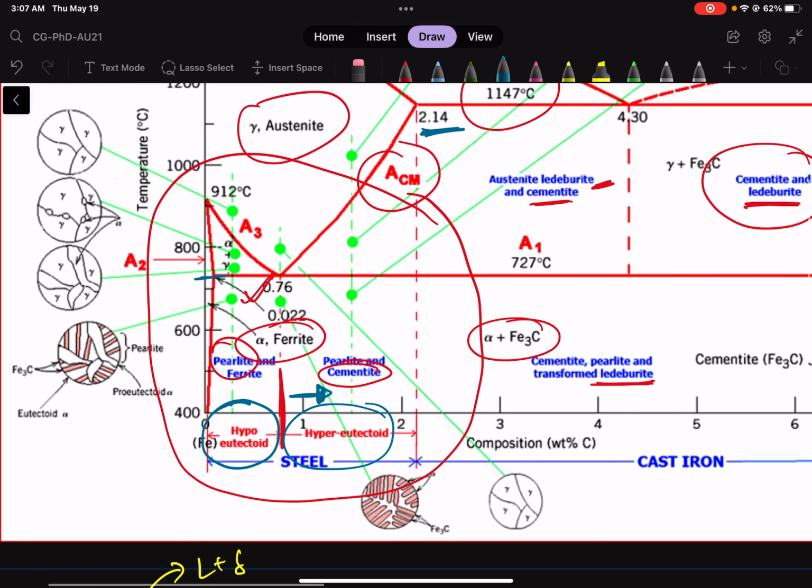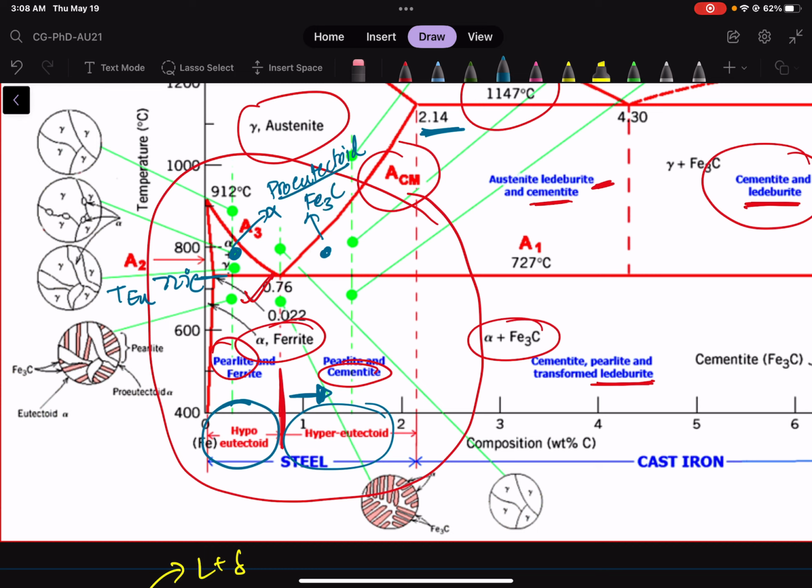This temperature, which is 727 degrees Celsius, is referred to as the eutectoid temperature. The alpha or the cementite that is formed is referred to as the proeutectoid. So on the left hand side you will have alpha, on the right hand side you will have cementite. The proeutectoid alpha ferrite or the proeutectoid cementite.